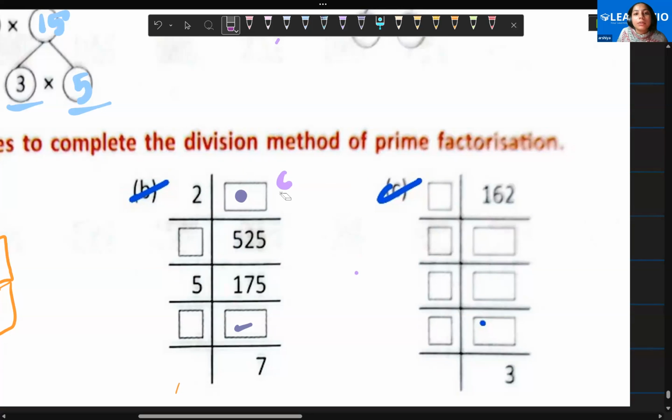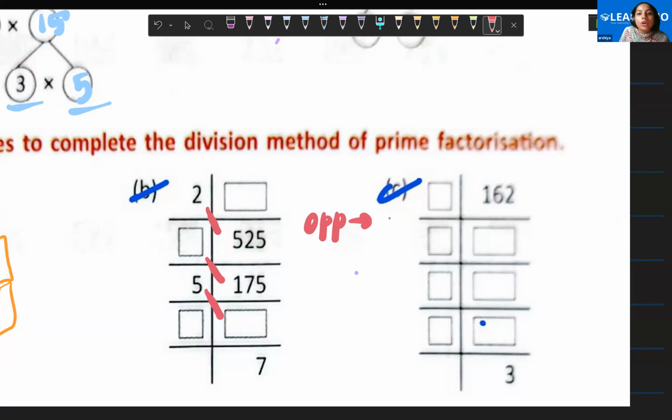Let me write it properly and you can write it. So if we are going across, basically the opposite direction is multiplication. So when you're going opposite, you multiply. And if you're going straight like this, or you're going down like this, between these two numbers, you divide.